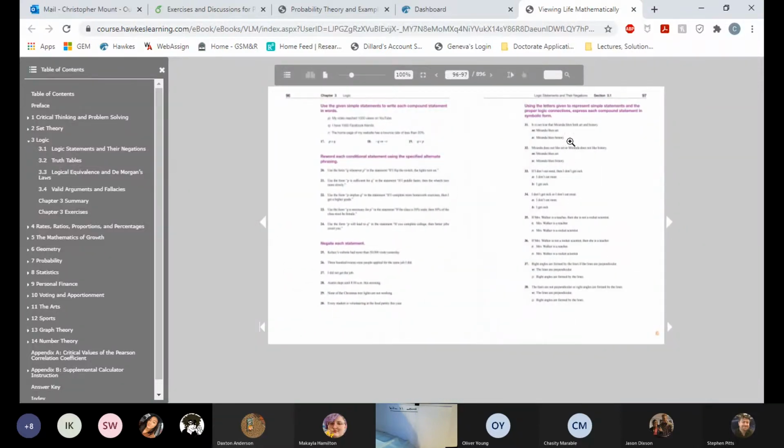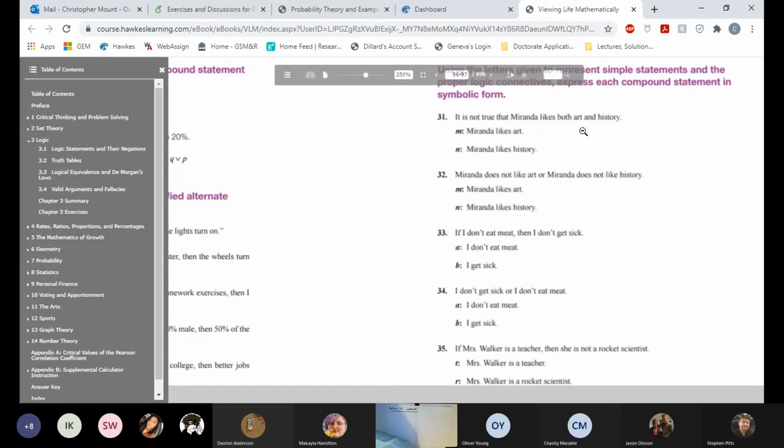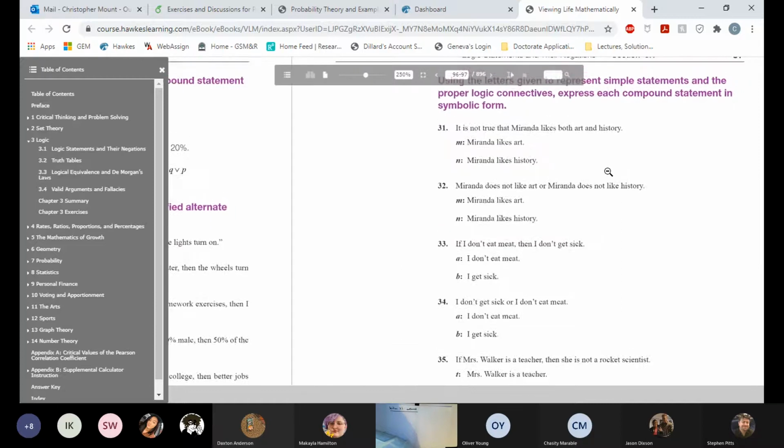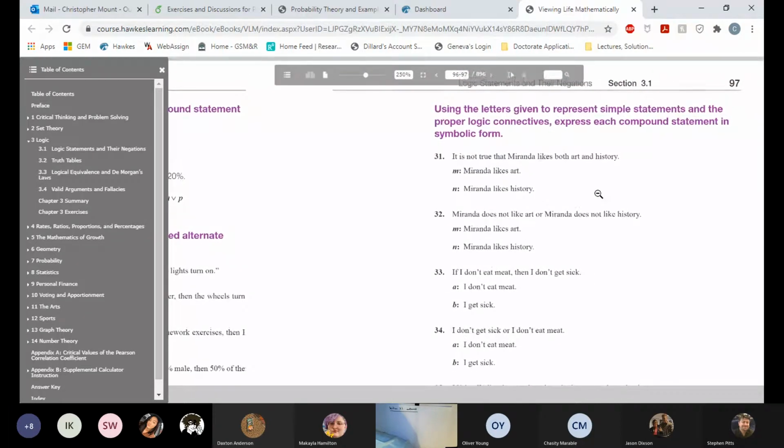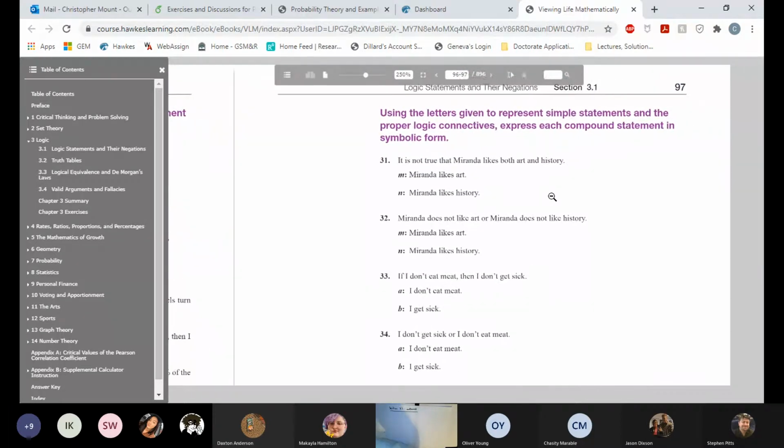All right, exercises. I want to go to this section here and also the questions on the next page. I did give you 2 problems from this chunk of exercises, but I'd like to go through them just for extra practice. So it says, using the letters given to represent simple statements.